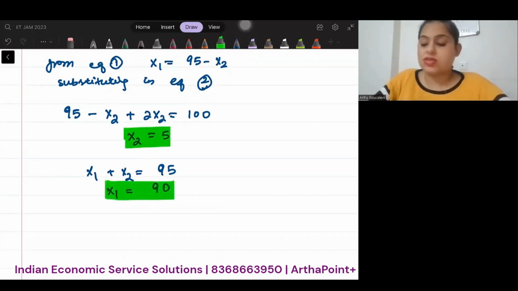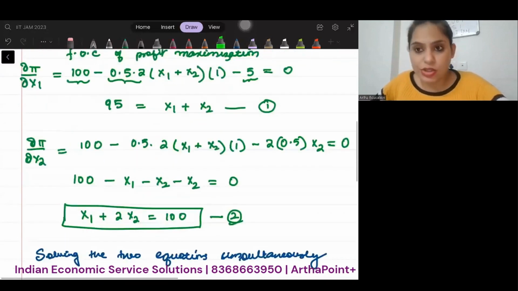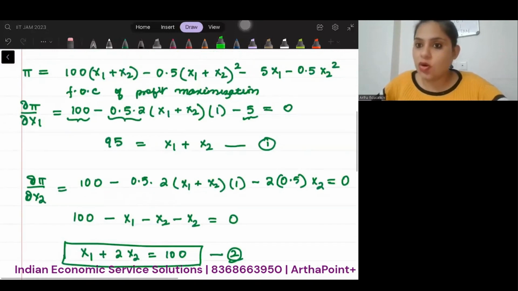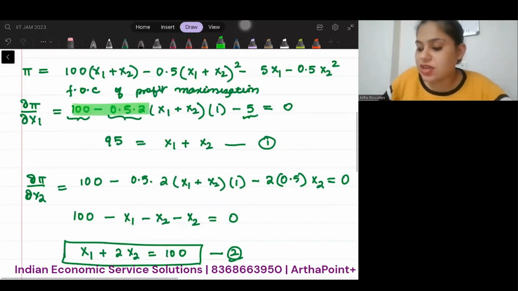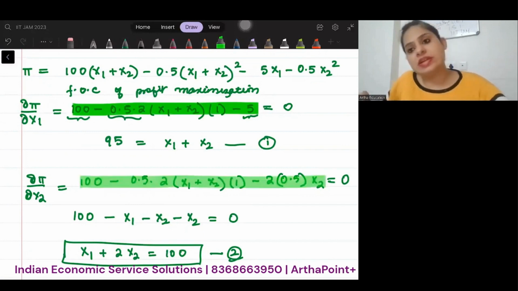Now think about this. I am not finding the second order condition, but I urge you to go ahead and find the second order condition also, to prove that it is in fact a maxima. When you differentiate this again with respect to x1, you will get negative. When you differentiate this with respect to x2, you should get negative.